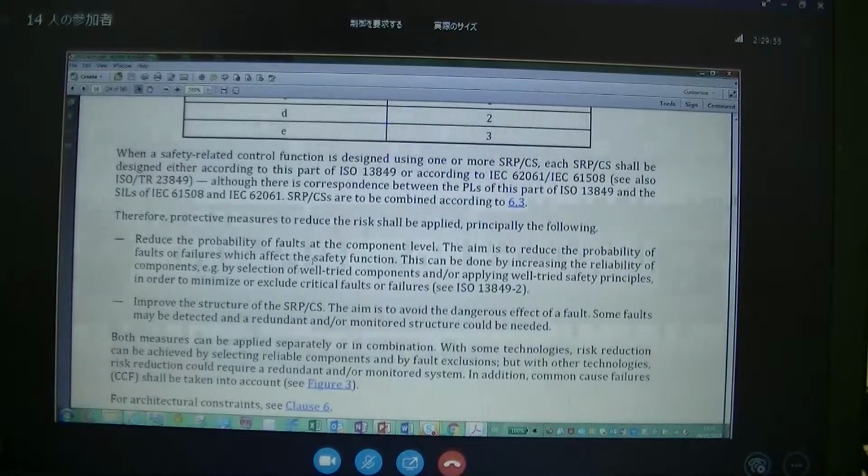So it's a scale of how good the complete safety architecture is. There are different ways to calculate SIL, 1, 2, 3, and performance level A, B, C, D, E. And one factor is B10D for both SIL and performance level. But SIL is equivalent to PL, performance level, equivalent as a method.